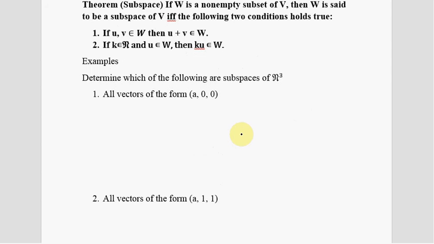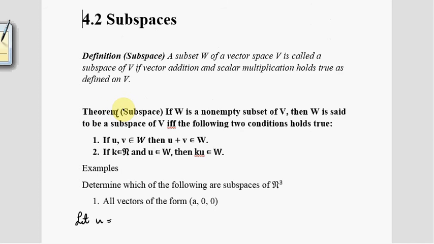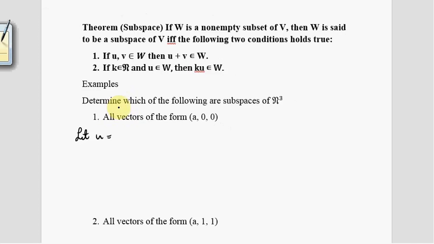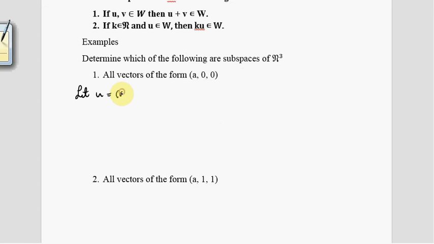Determine which of the following are subspaces of R3. Let U be the vector A, comma, 0, comma, 0, and V looks like B, comma, 0, comma, 0. And let K be some real number, a scalar.